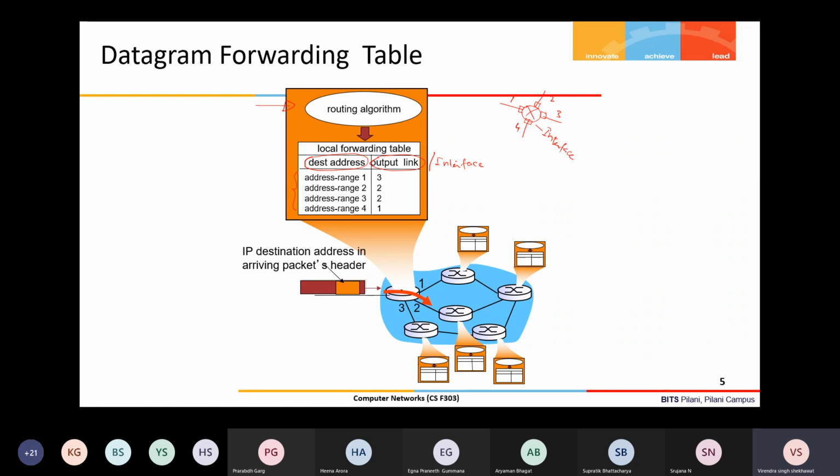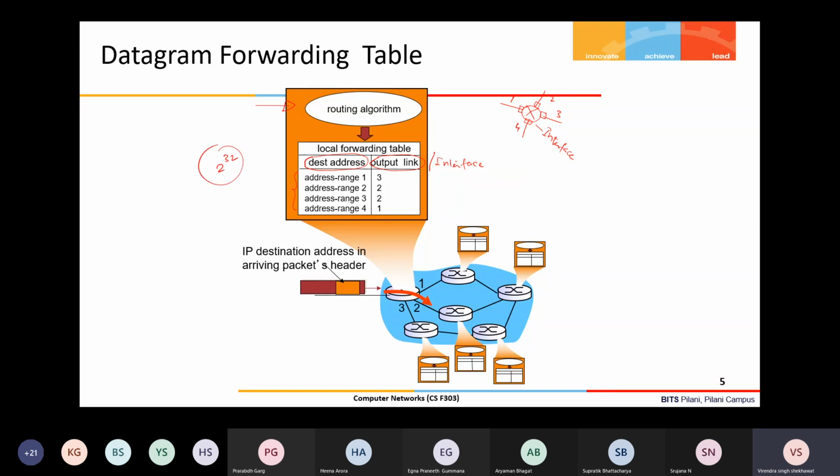For every IP address, that entry must be there, otherwise the router will not be able to process all the datagrams. So technically, 2 power 32 entries should be there in each router's forwarding table.